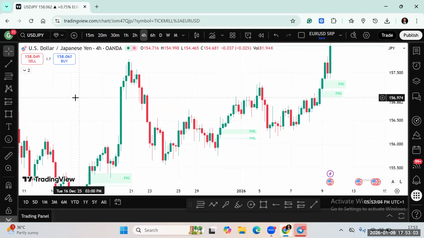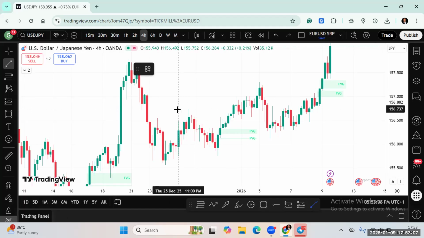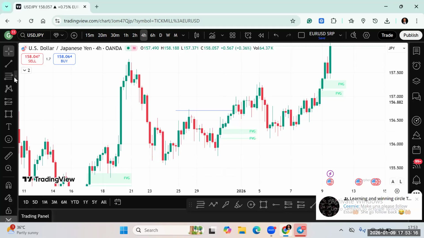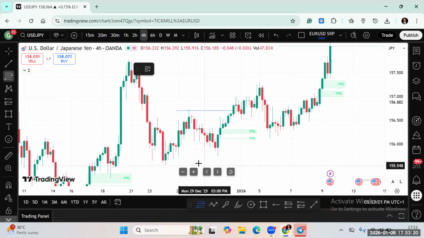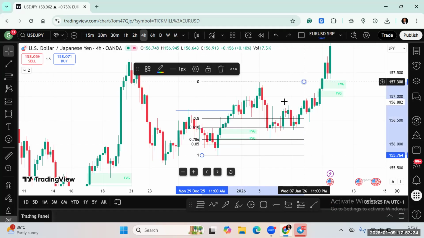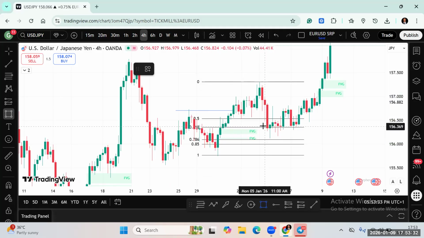So price broke above here. This was the low. So you mark it from here, and price came to this fair value gap at the POI here. But there was something else price did here.